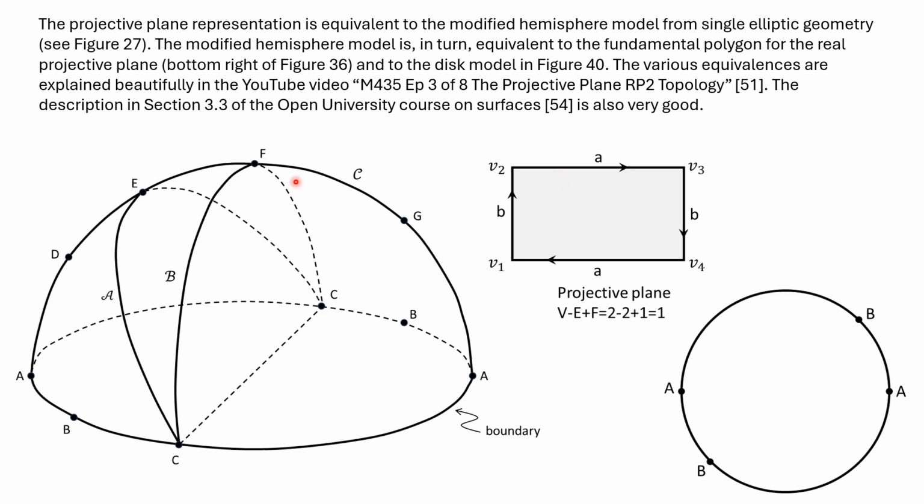So the projective plane from the very last slide is equivalent to this is equivalent to this, and this is equivalent to this. So that's why the term projective plane is used here. Depending on what you're trying to accomplish, different models are easier to work with and visualize. And as I say, I think this particular video will help you see things a little bit better.